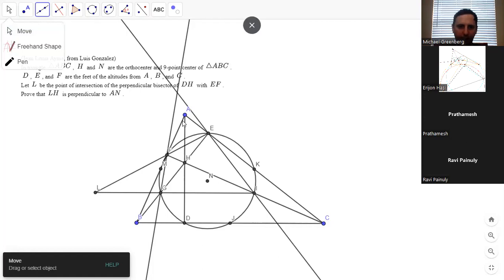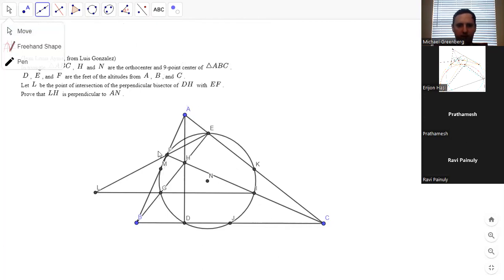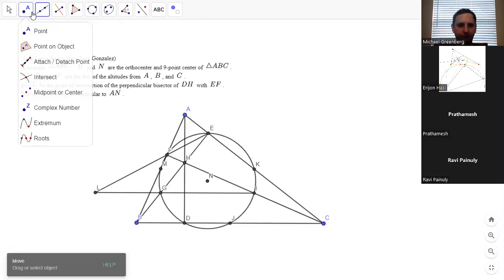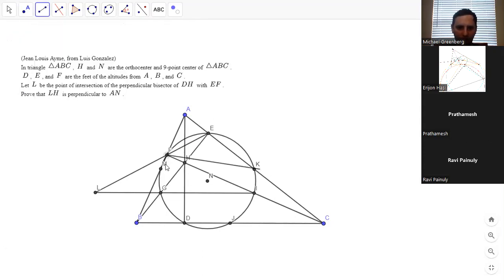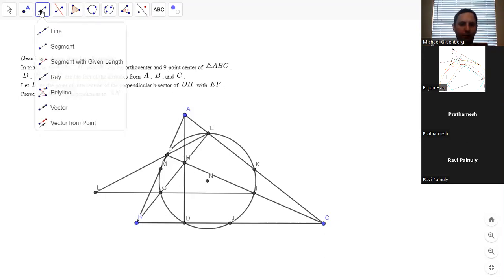So if we look at MFEK, then, oh, but they don't pass through L. Okay. But basically we could still try to use Ricard's theorem.